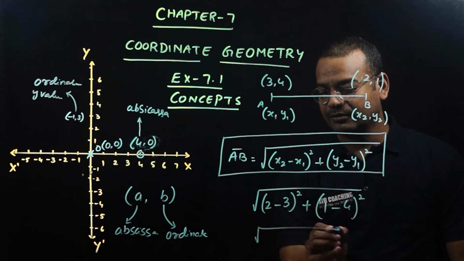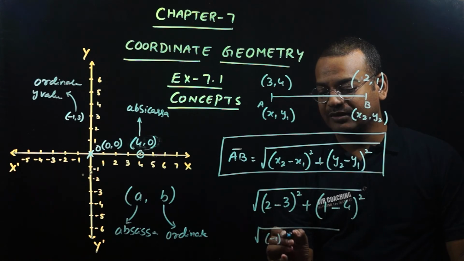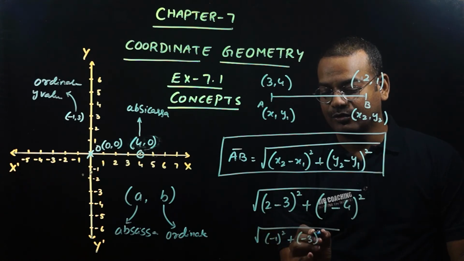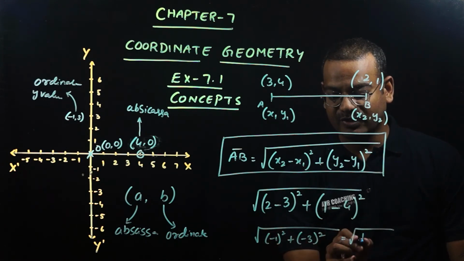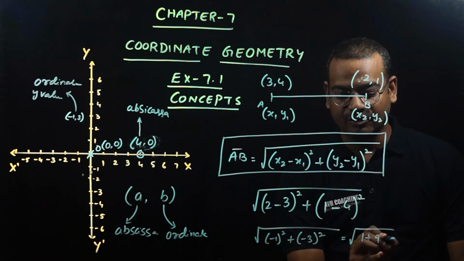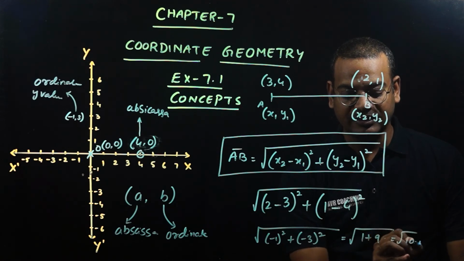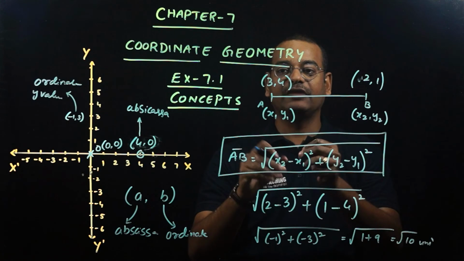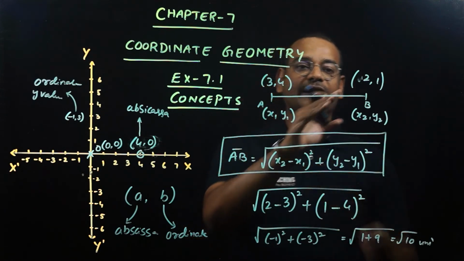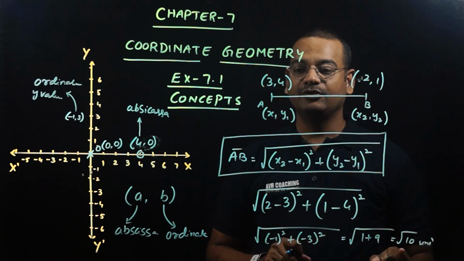Here you will get minus 1 whole square plus minus 3 whole square, which is 1 plus 9. So this will be root 10 units. So the distance between A and B for the given points 3, 4 and 2, 1 is root 10 units.